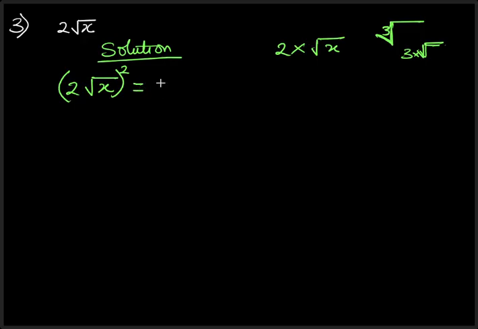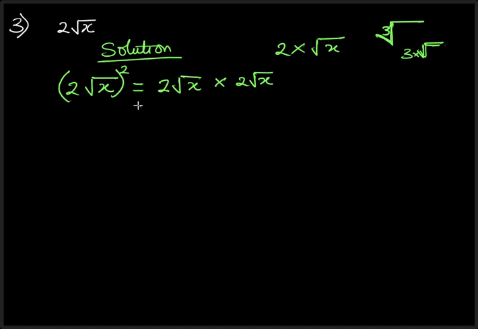Let's do it this way. Remember, square means multiply that thing by itself. So let's multiply it by itself: 2 root x times 2 root x.